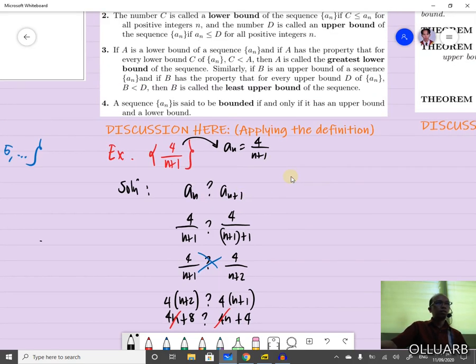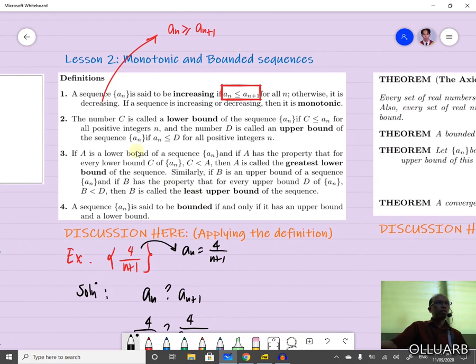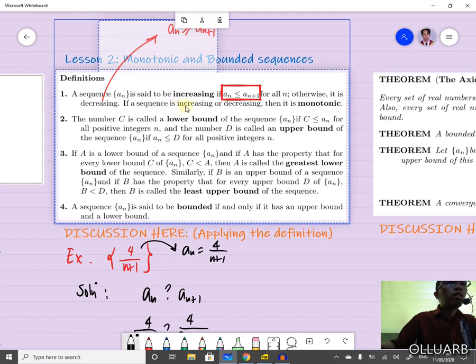What do we mean by a monotonic sequence? It says here, if a function is increasing or decreasing, remember the conjunction here, or, so either increasing or decreasing, then it is monotonic.